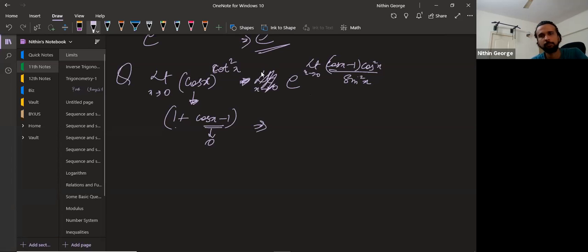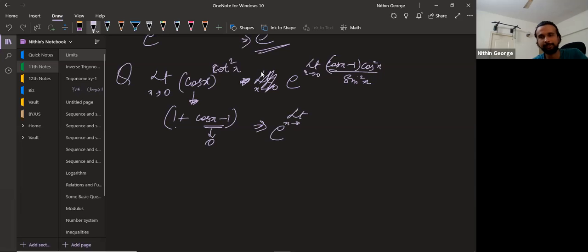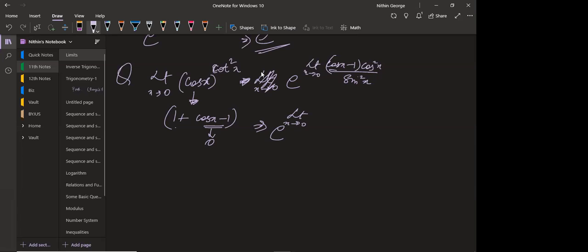Sir, or is it 1? E power 0. Do you get something in that? No, it's not e power 0 either. So then how do you simplify that, sir? Cos x minus 1.